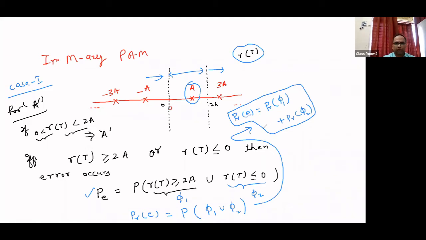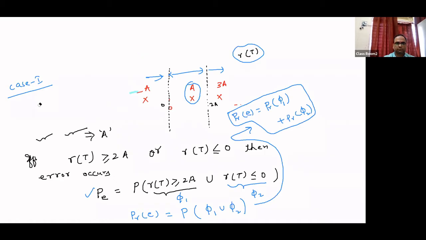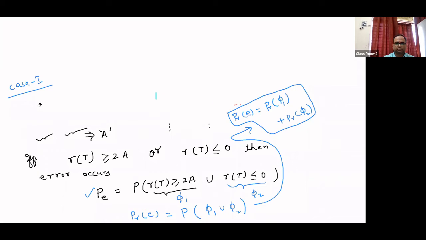Now we have to calculate it further. For example, now we have to write down the value of r(t).